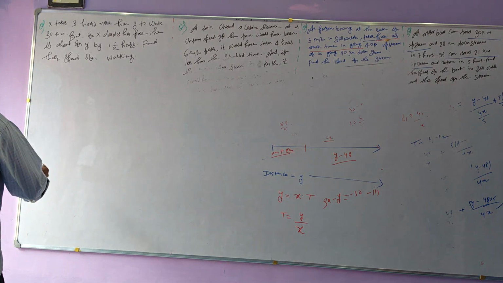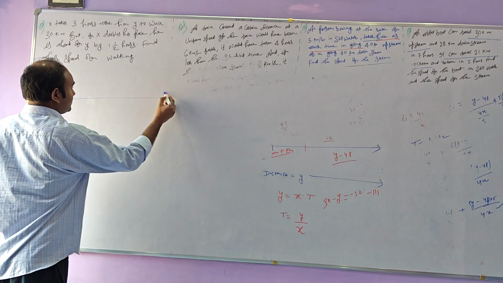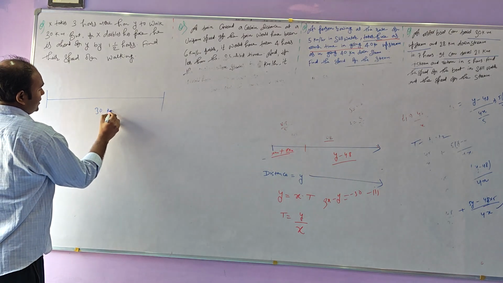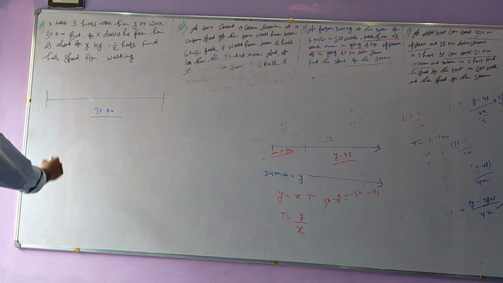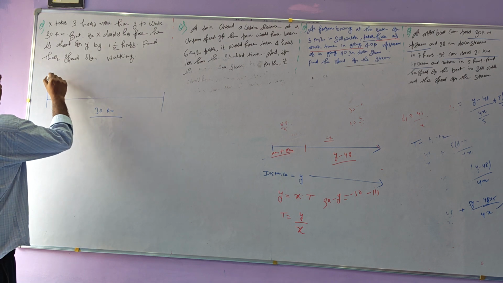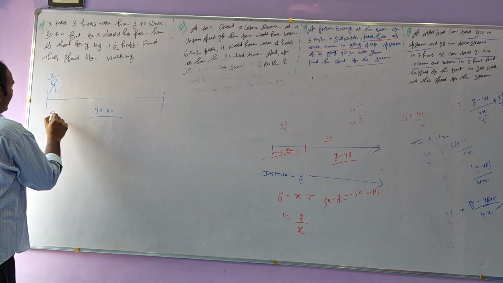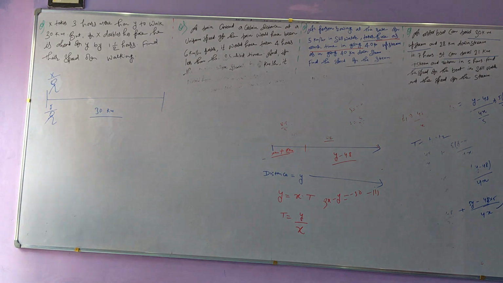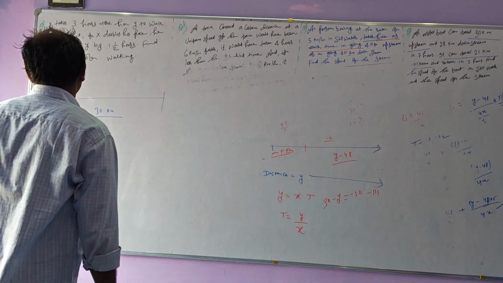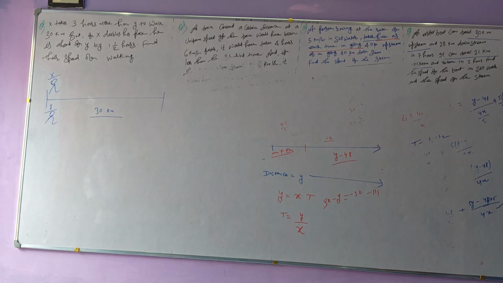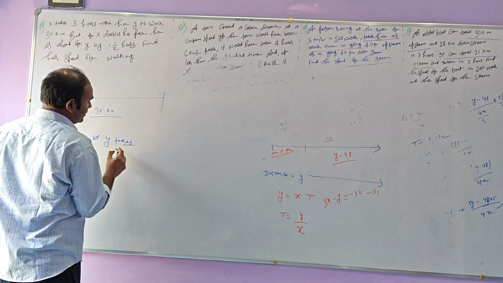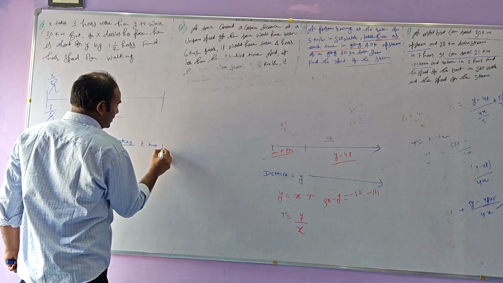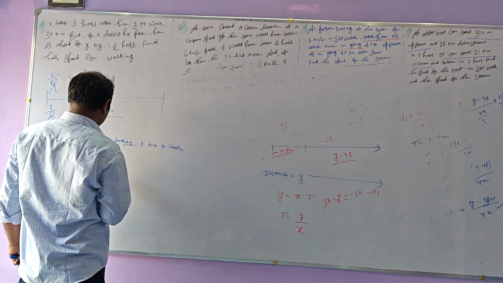Now, we have a distance of 30 km, and this is X and this is Y. X takes 3 hours more than Y to walk 30 kilometers.